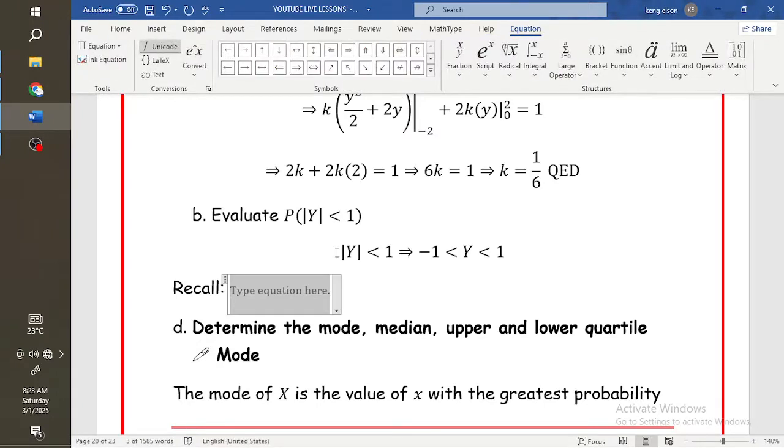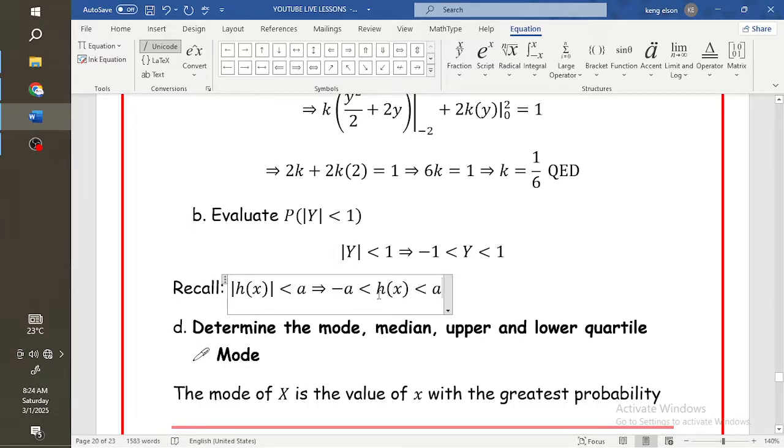So if you have the absolute value, or let me use a general case of a function. So if you have the absolute value of h of x less than or equal to, or maybe only less than, any of them, maybe less than a. Okay, this just means that minus a is less than h of x less than a.